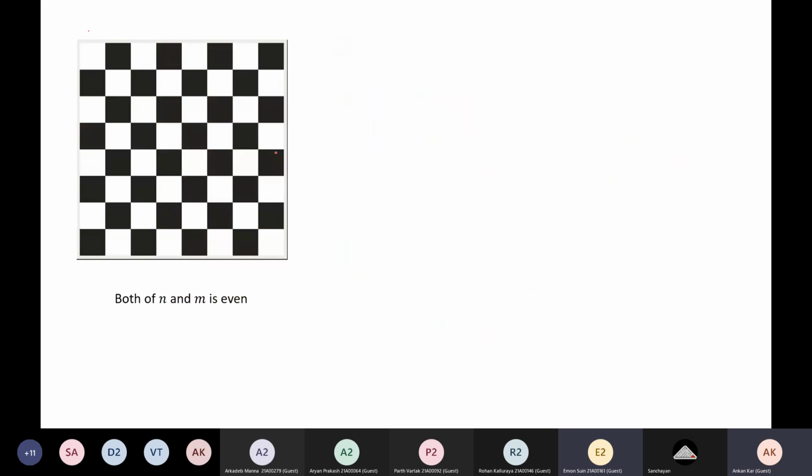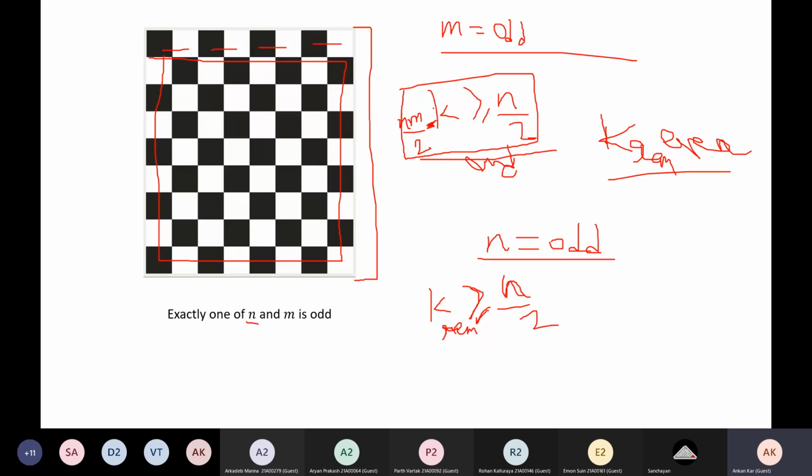For this case, the number of vertical dominoes must be at least n by 2, and the remaining k must be even. So nm by 2 minus k must be greater than or equal to n by 2, and the remaining k must be even for m odd.